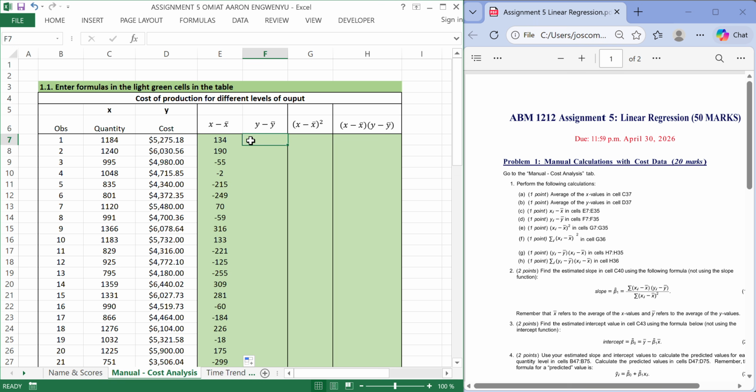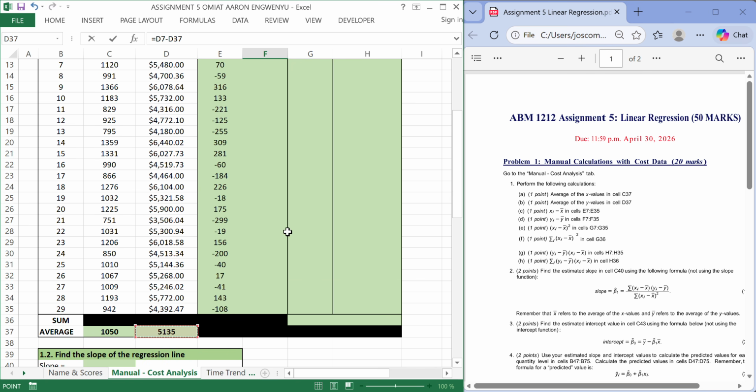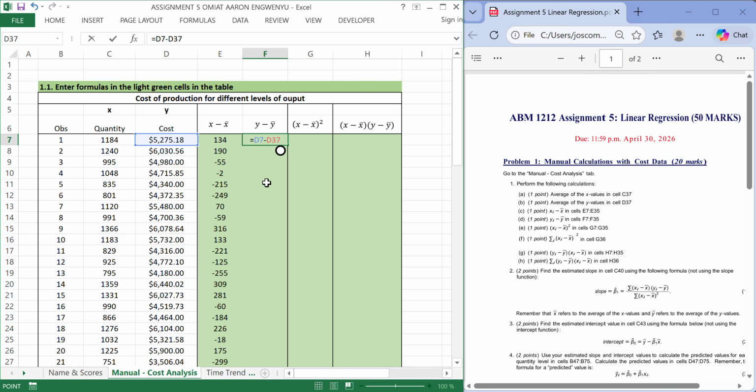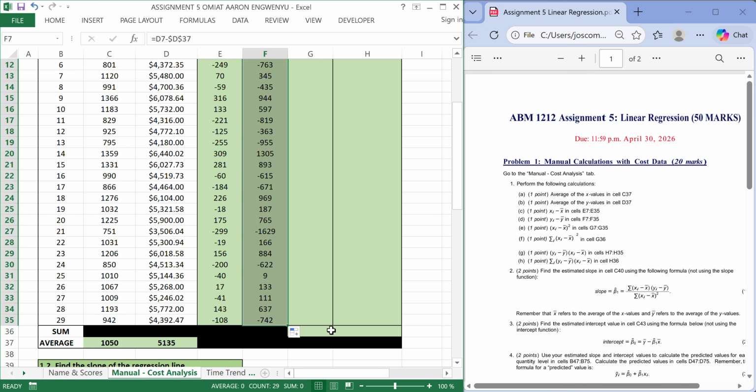Repeat, equals, select, minus this, and dollar signs. You can simply press F4 on your keyboard and you'll have it. Then we fill, pull this down. There we go. So we already have those values.